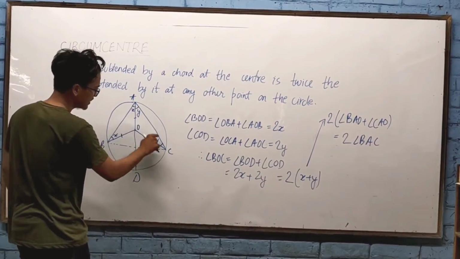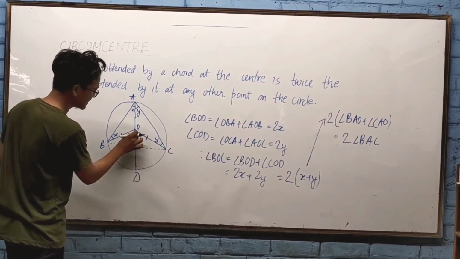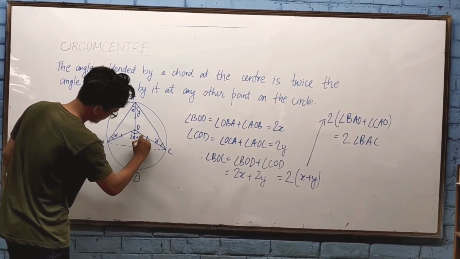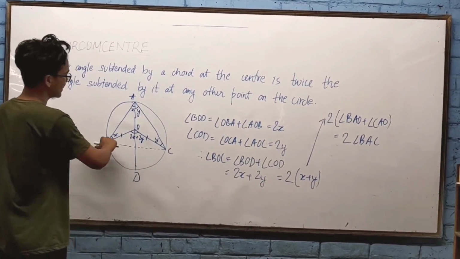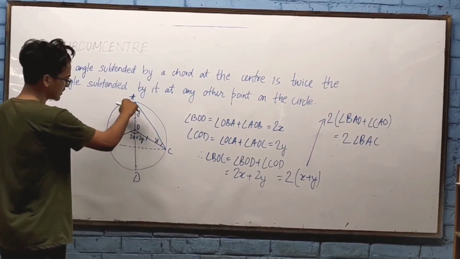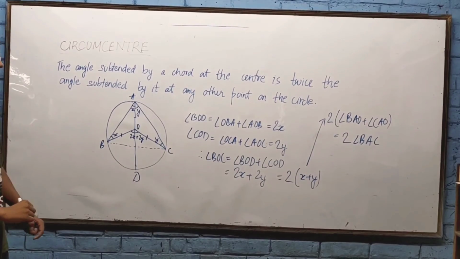So the angle subtended by this chord at the center is twice the angle subtended by it at any other point on the circle. In this case, it is angle BAC.